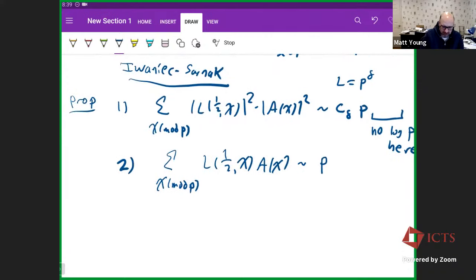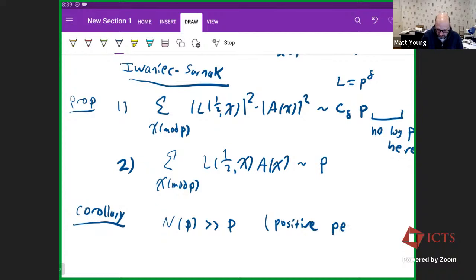Then using the exact same argument that I gave yesterday about the non-vanishing, counting the number of chi's where the L function does not vanish, this will imply that N of p is bigger than a constant times p. So this is a positive percentage, and the implied constant depends on delta. If delta is small, you get a small positive percentage. And the larger you can pick delta, the better positive percentage you'll get.